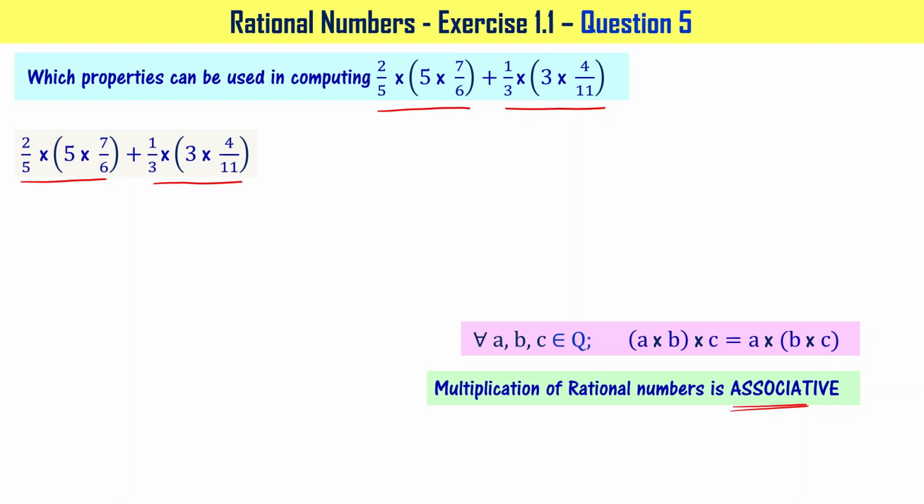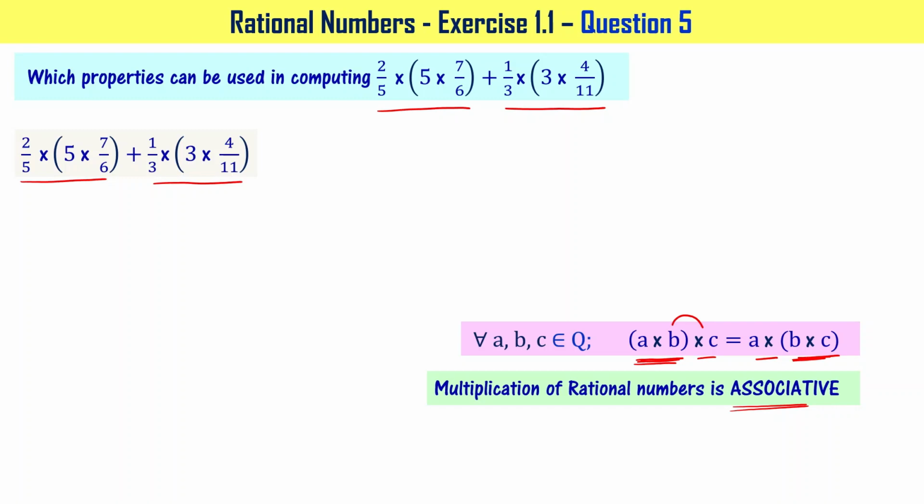What the associative property says is (A times B) times C equals A times (B times C). Instead of grouping these two, we have now grouped these two. Meaning, in the multiplication of rational numbers, you can group numbers in a different order, it doesn't matter.